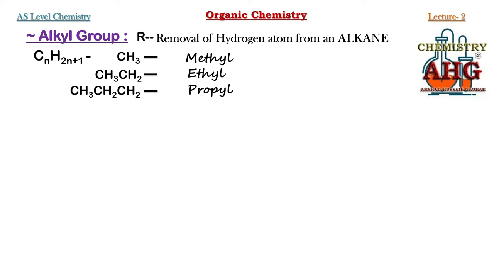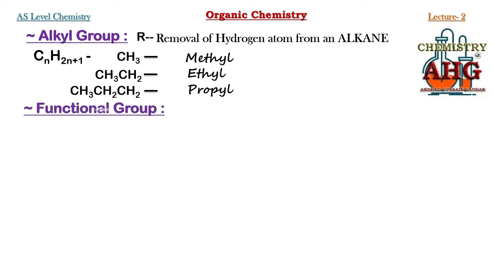Now this is a very simple group that you must remember, alkyl group, but it is important. Why is it important? Because alkyl group is responsible for converting an alkane into another organic family. So you must remember, whenever another atom or group of atoms makes one bond with alkyl group, the alkyl group becomes a new homologous series. What is that atom or group of atoms, which makes a bond with the alkyl group, known as?